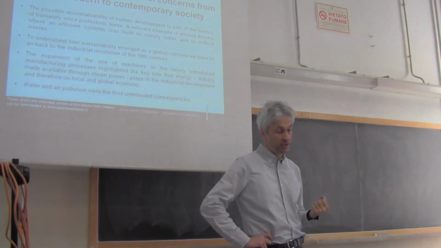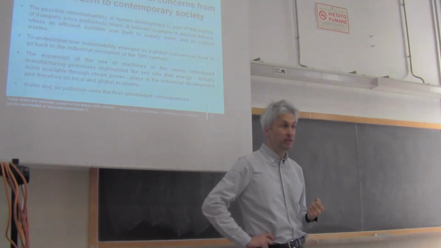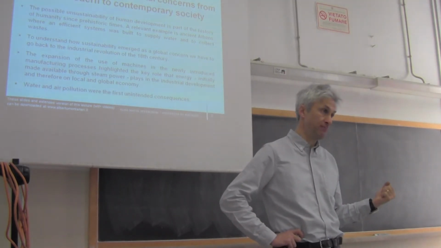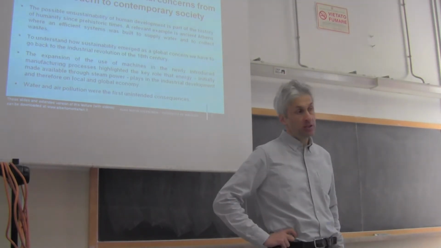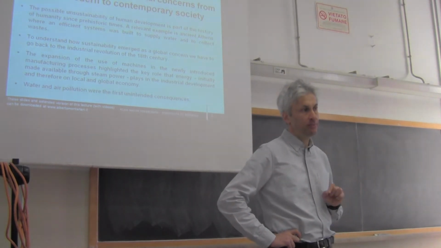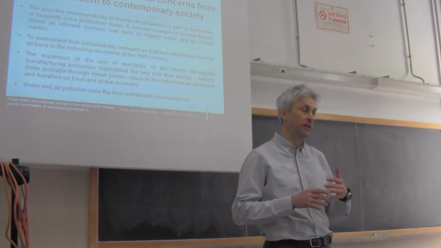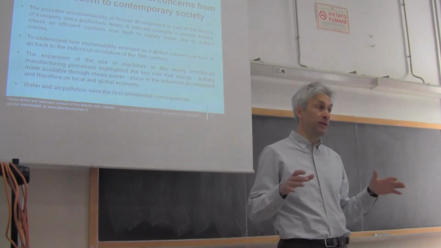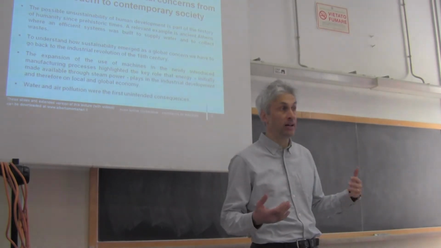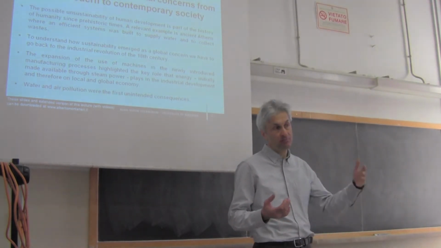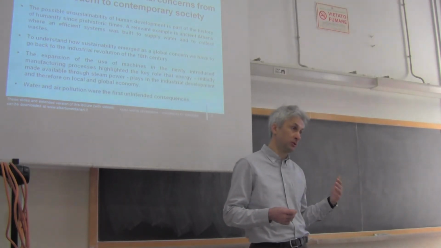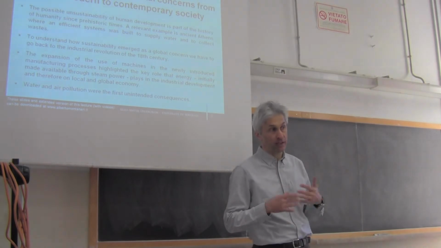And of course, this occurred first in the most developed countries and then expanded to the other countries. If you look at the history of Italy, for instance, we know that up to 1920, people used to go downstream on the Po River, in the lower part of the river, and get water and drink it directly. I met some old people 20 years ago who told me that they used to do that.